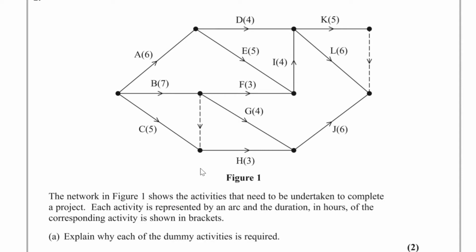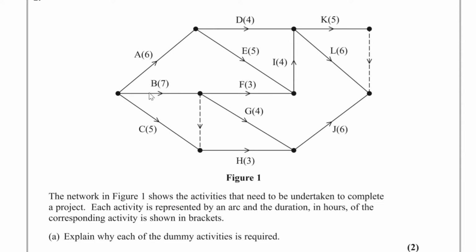Well, first of all, you'd notice we have a dummy at the end of activity B. Now let's think about why we have a dummy at the end of activity B. You can see F and G depend on B. And you can see here H depends on C, but also H depends on B.